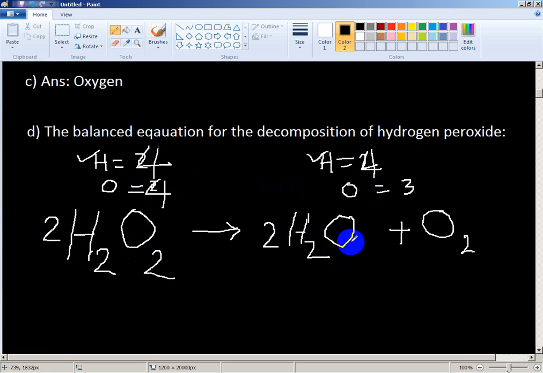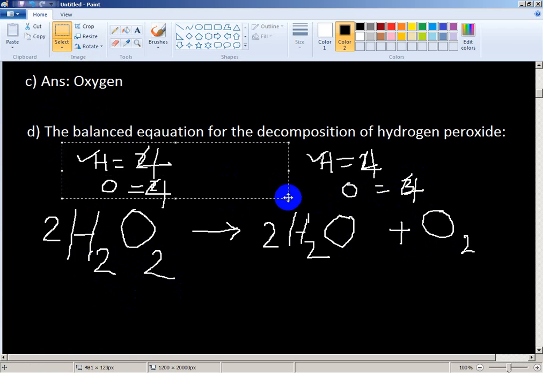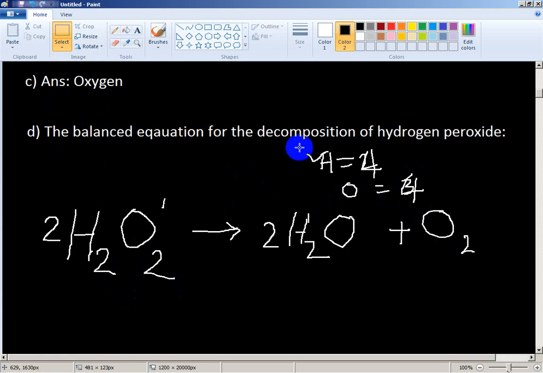Oxygen here is 1 multiplied by 2, that means 2. Here it is 2, that means 4. Now the equation is balanced. So the balanced equation, this is the answer. This is the balanced equation for the decomposition of hydrogen peroxide.